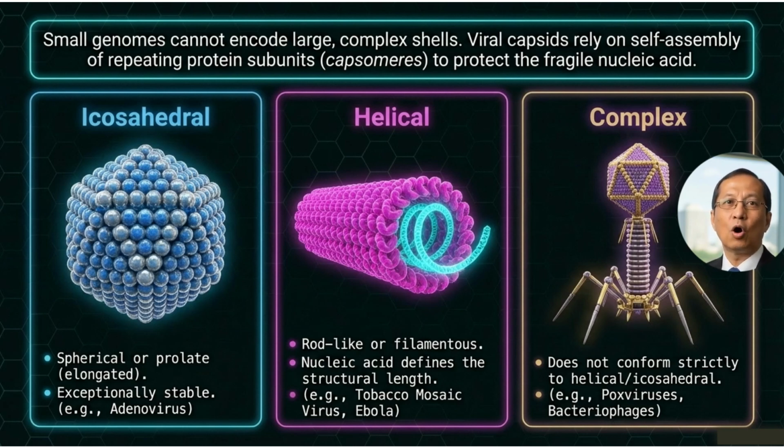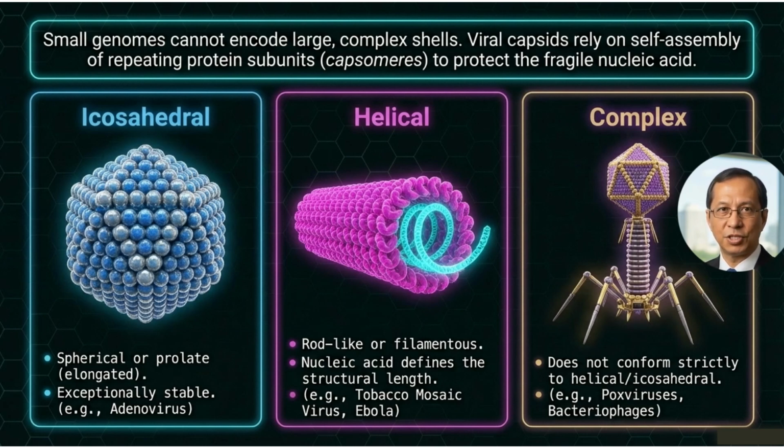Helical capsids are rod-like or filamentous, where the nucleic acid defines the structural length, exemplified by the tobacco mosaic virus and Ebola. Finally, complex capsids do not conform strictly to helical or icosahedral forms, such as those found in poxviruses and bacteriophages.